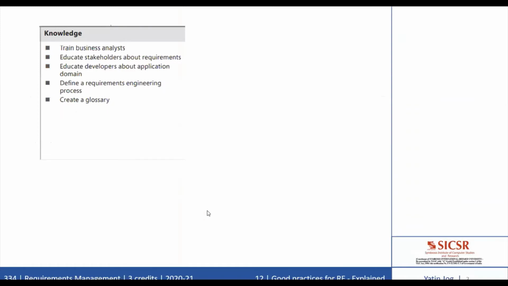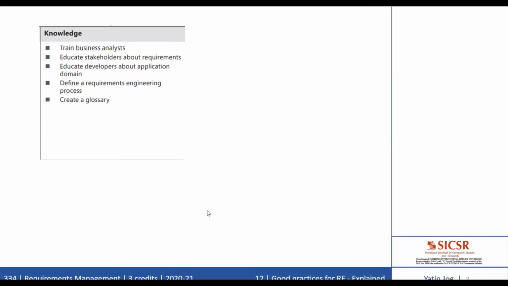The first good practice is to train business analysts. All team members who will perform the business analysis task, whether they have the job title of business analyst or some different job title, should receive training in requirements engineering. Business analyst specialists need several days of training in the diverse activities that a BA typically performs.